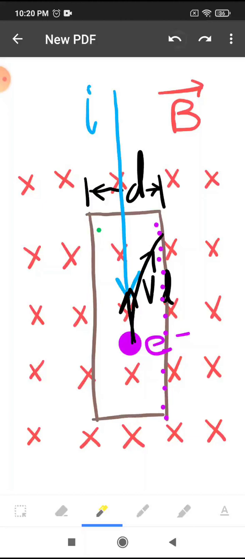They are not moving, they are fixed. They get accumulated on the left edge of the conductor, and that has a consequence. The separation between the left and right side of this conductor creates an electric field.